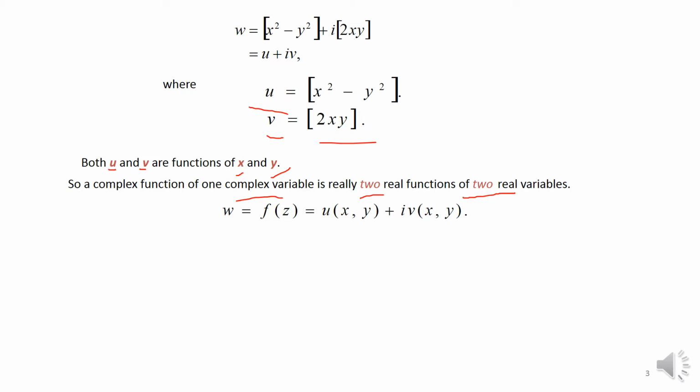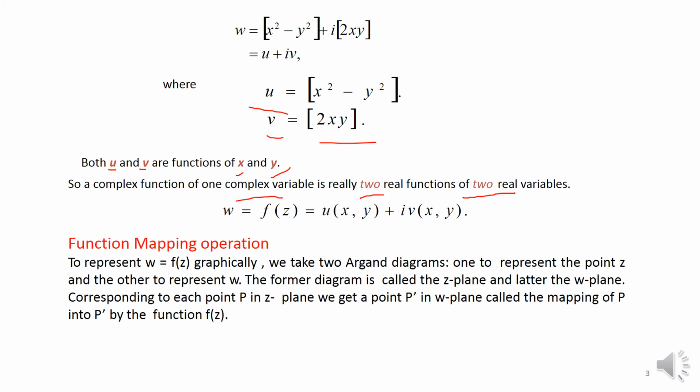Now we map the function, this w, and we see how the graph can be plotted. In the function mapping operation, to represent w is equal to f(z) graphically, we take two Argand diagrams, one to represent the point z and the other to represent w.